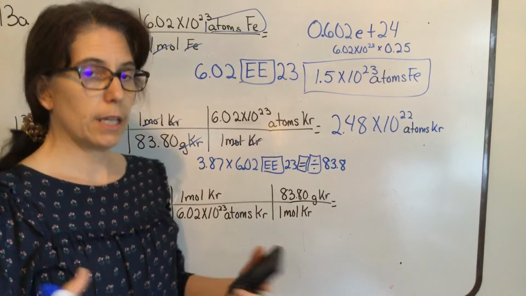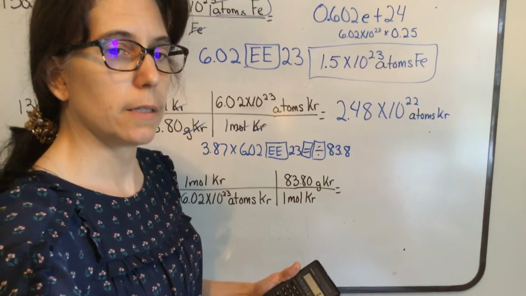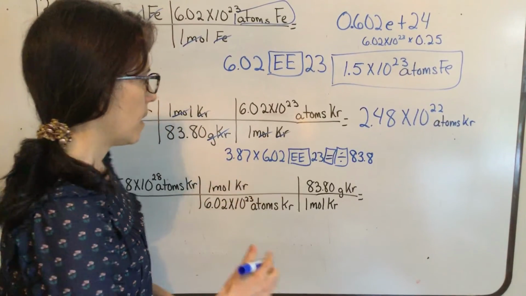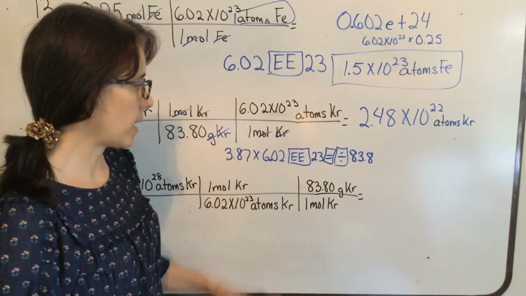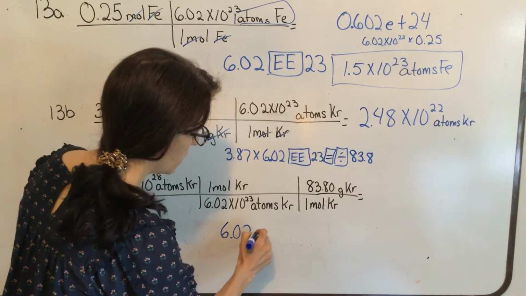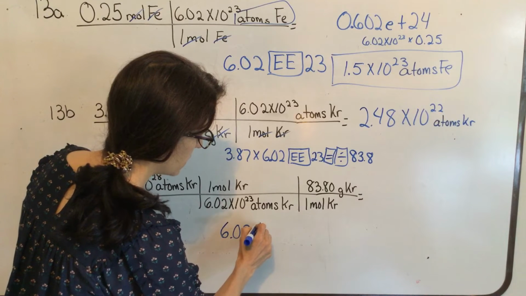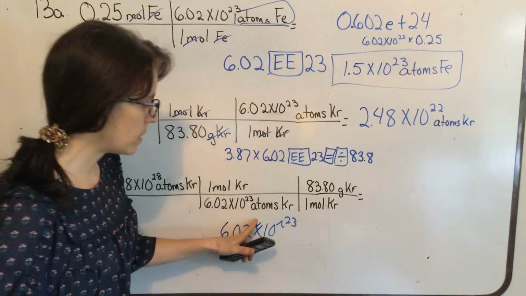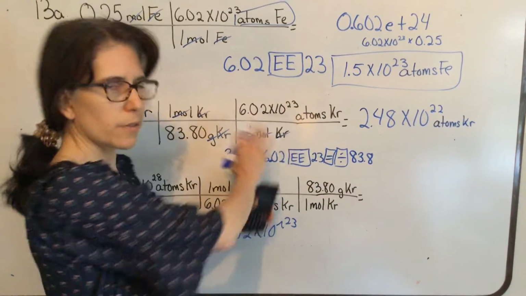If you said, I already know how to do this, and you ignored this, and you said, I'm going to use 6.02 and then this little times 10 with the little caret 23, it'll probably work for these.